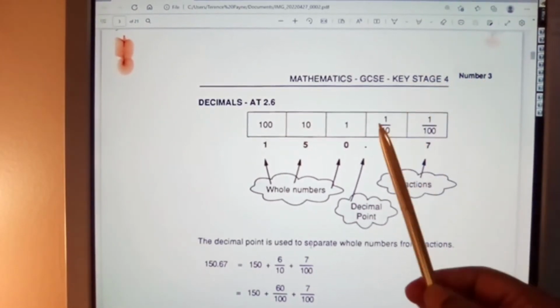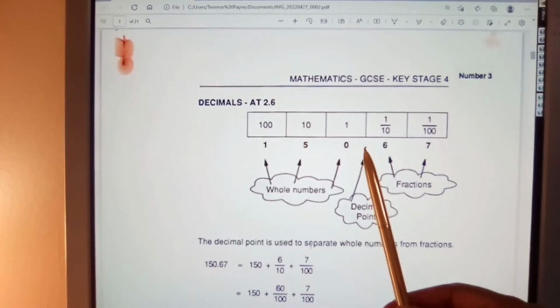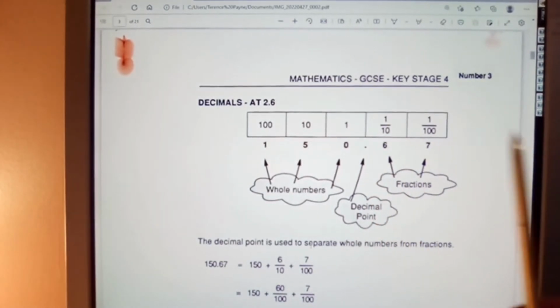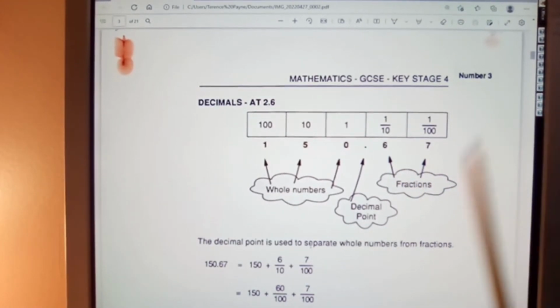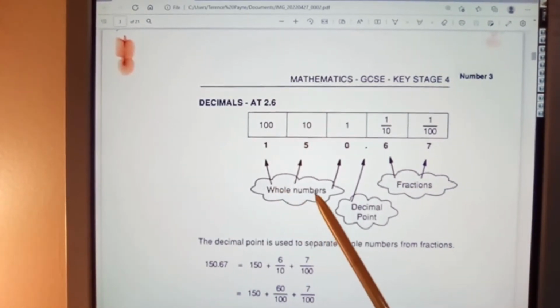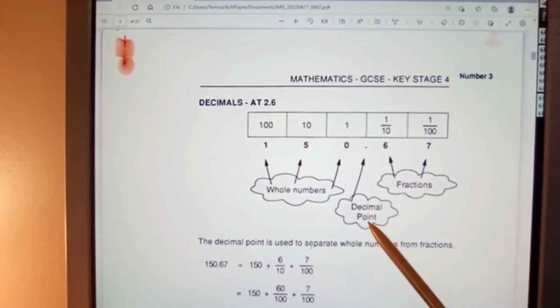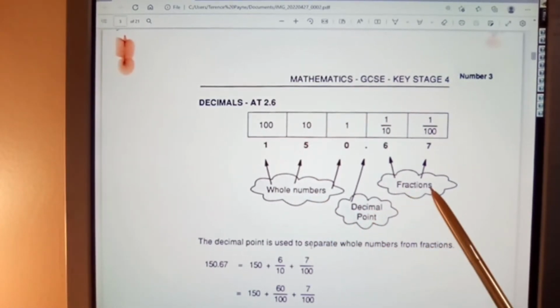Moving right from the decimal point makes the numbers into fractions. So here we have whole numbers, here the decimal point, and here our fractions.